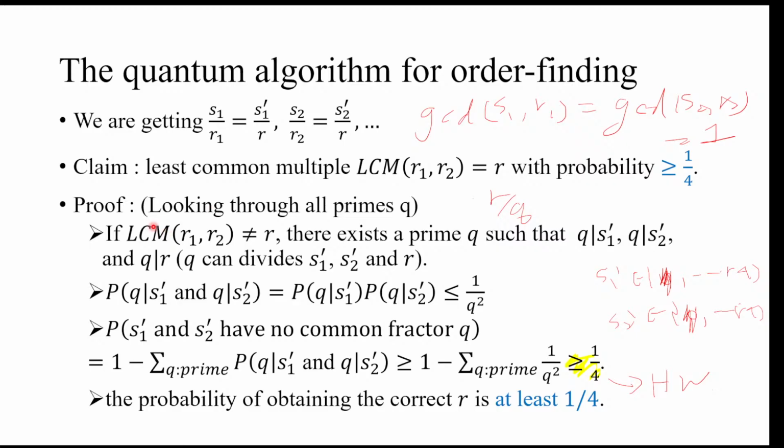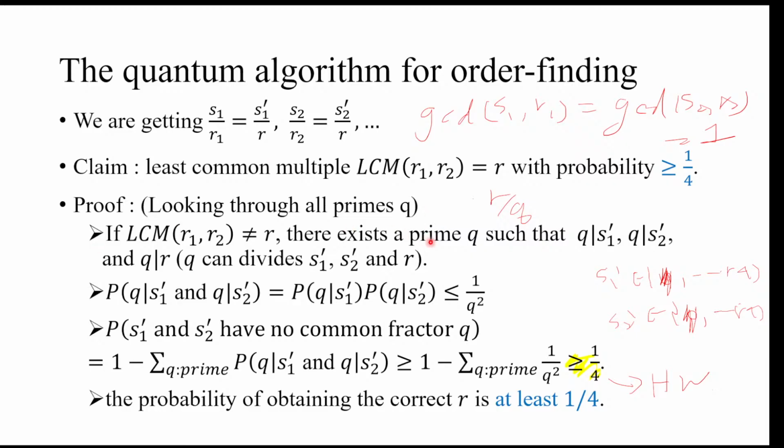Okay, and so remember R1 and R2 they all come from R. They are this R divided by something get R1 and R divided by something get R2. Okay, and so if the least common multiplier doesn't go back to R, it means that they are divided by something common. Okay, so that's why you take common multiplier, you steal something away from R.